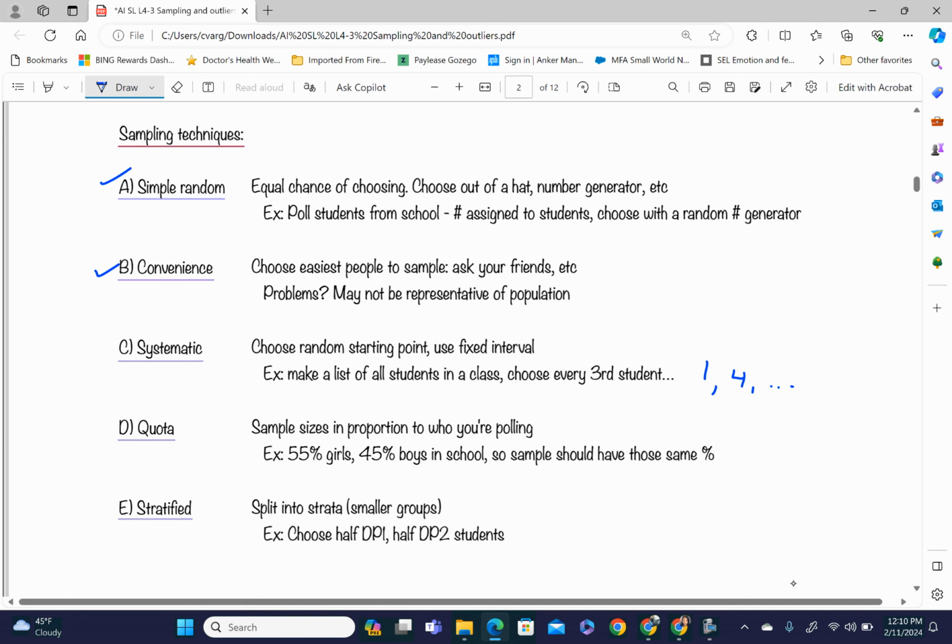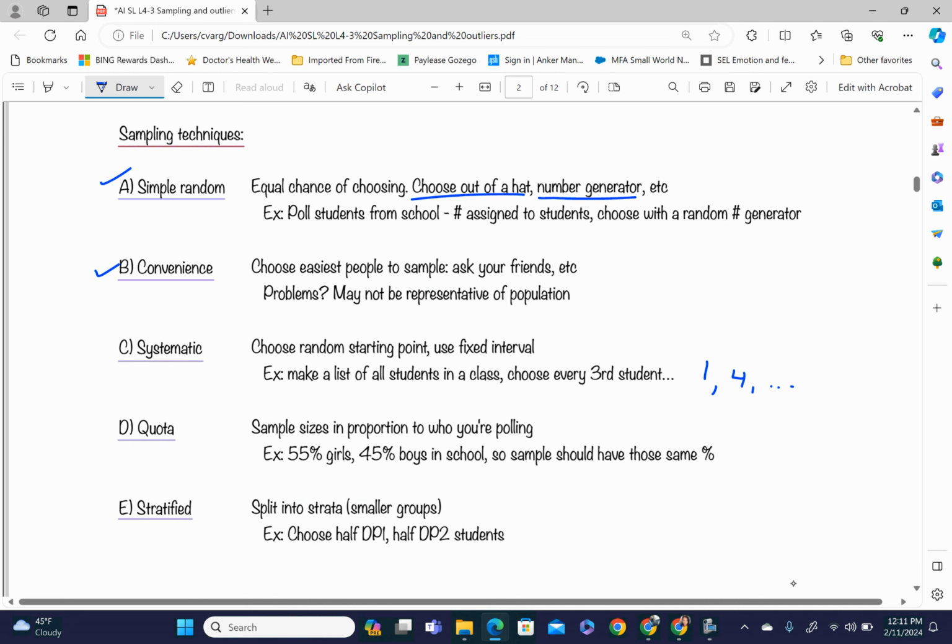Simple random is literally, for example, giving everybody in the school a number and picking a number randomly by using a number generator or choosing numbers out of a hat. So that is an example of simple random, okay? It's an equal chance of choosing each person, and everybody gets a number. You're picking one person, choosing out of a hat or a number generator, whether it's digital or physical, okay?